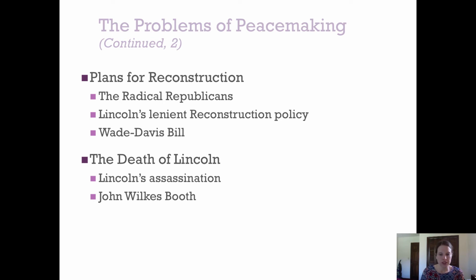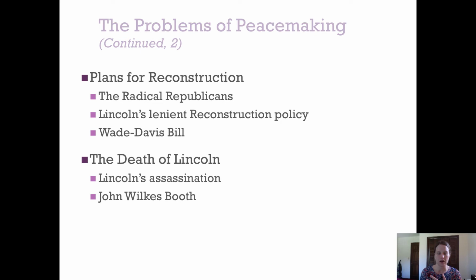So then the other option is the Wade-Davis bill. The Wade-Davis bill authorized the president to appoint a provisional governor for each conquered state. That provisional governor could very well have been someone from the North coming into the South to oversee the reestablishment of that state to the United States. In order for that to happen, a majority of white males had to pledge allegiance to the Union.